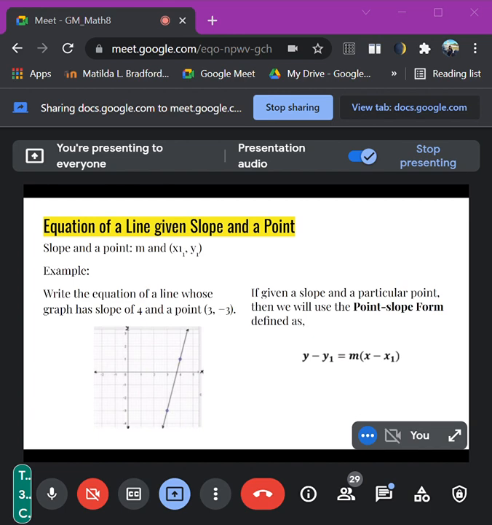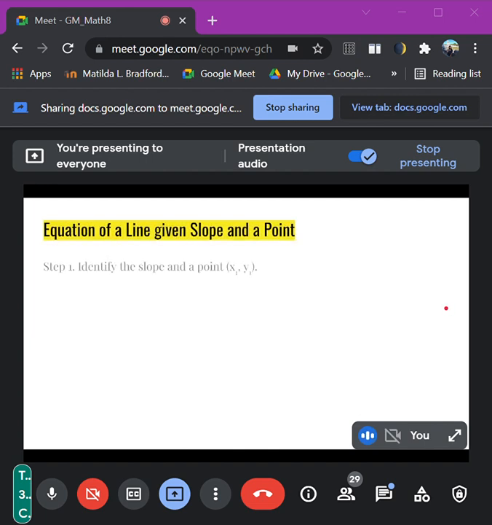Okay, you have to take note of the following formulas. Now, let's try to solve this example, class. We are going to start with step 1, which is to identify your slope and your point. So, you have there our slope, that is our m, which is 4. And then your x sub 1 is 3, and your y sub 1 is negative 3.